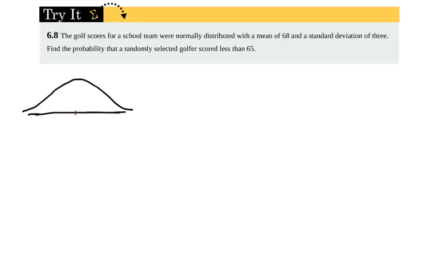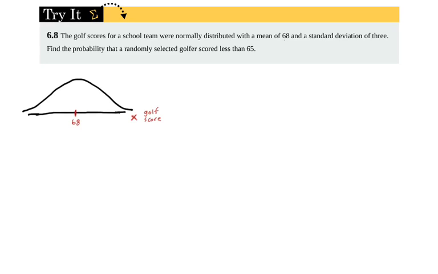Okay, so let's do one more example here. And if you want, you could go ahead and pause the video. Okay, so let's work this example out here. And so right smack in the middle is going to be 68. And this is corresponding to our golf score.